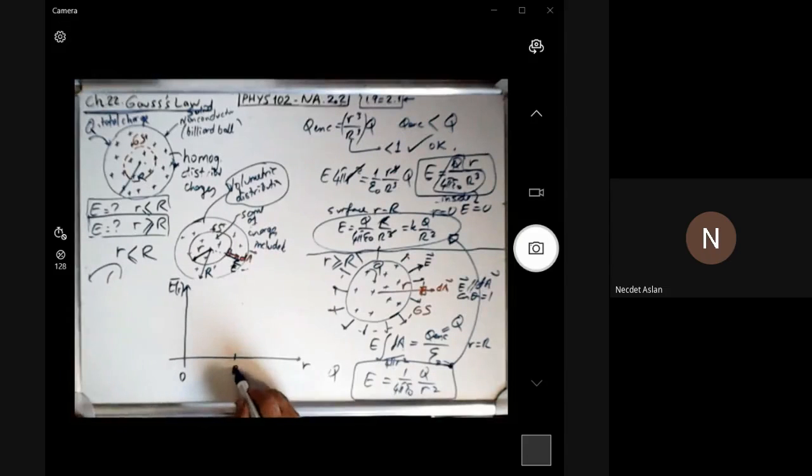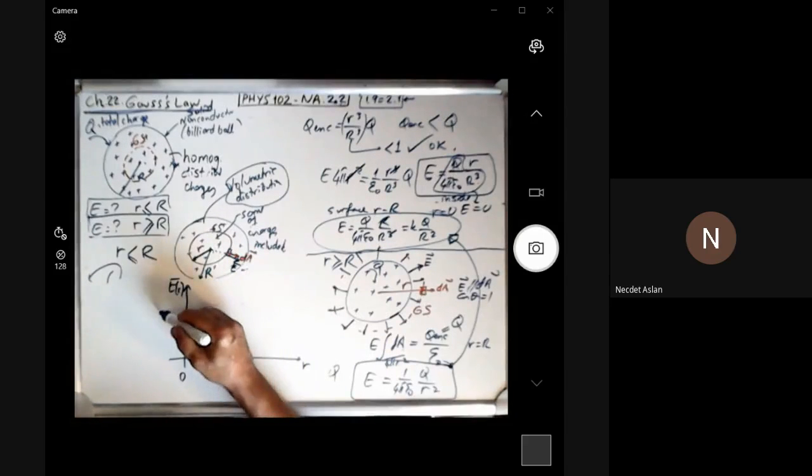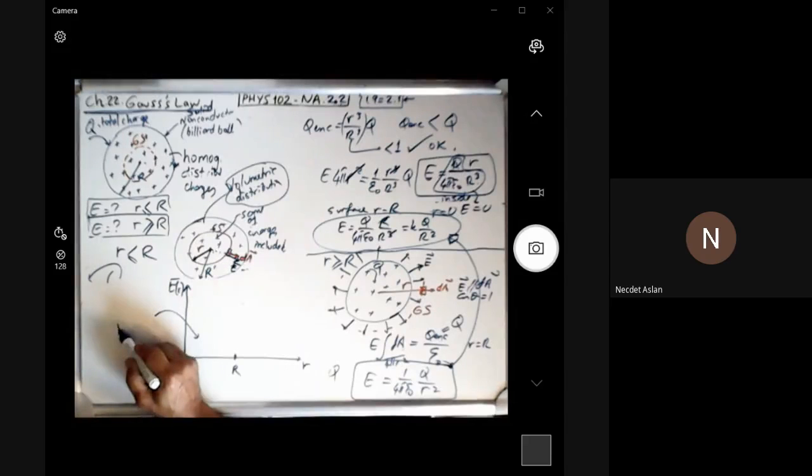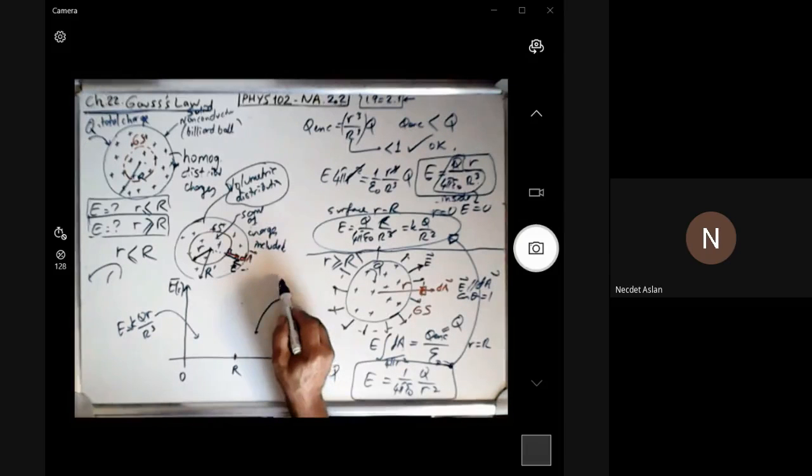Let's say that capital R is the radius of the total ball, so until this point this equation is valid. For this part, the electric field is just kQr over R cubed. But for this part, the electric field is just kQ over r squared.